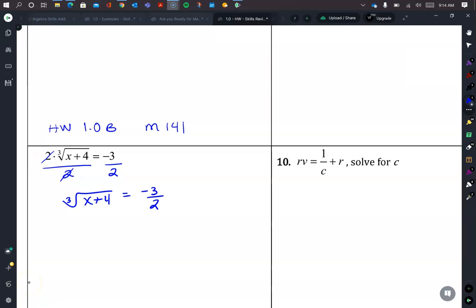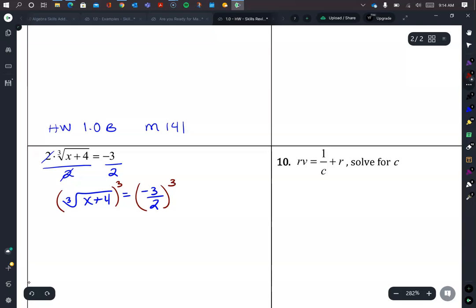Now, in order to undo this, we're going to do the inverse thing and go ahead and take the cube of both sides. Then we'll be left with x + 4 equals (-3) cubed over 2 cubed, so that will be -27 over 8.